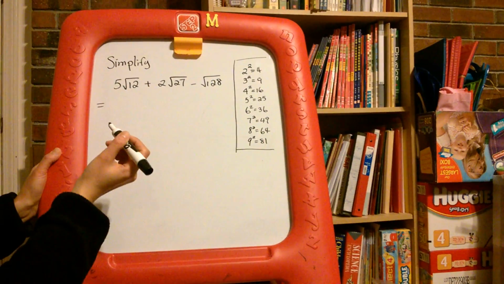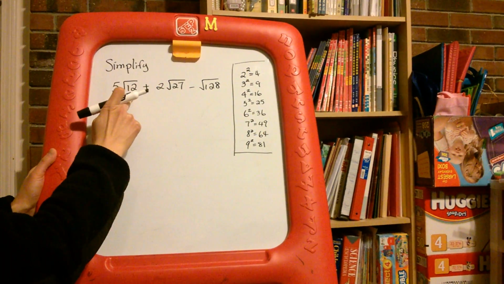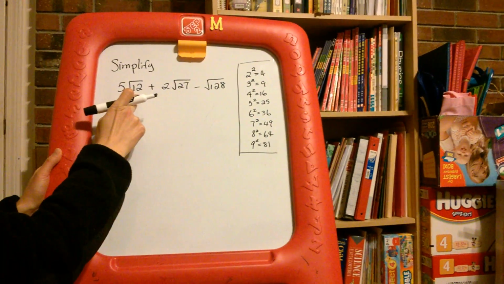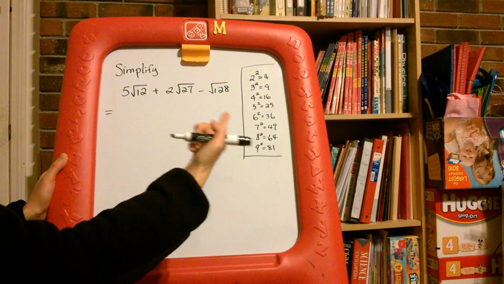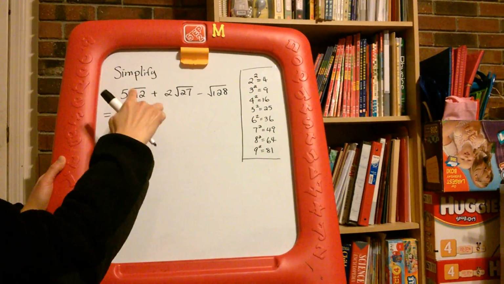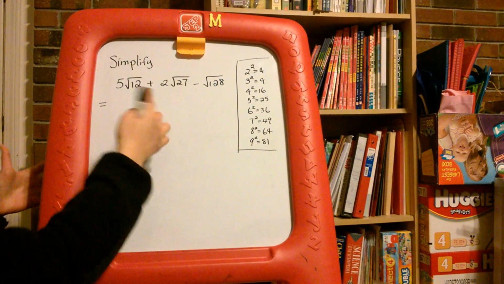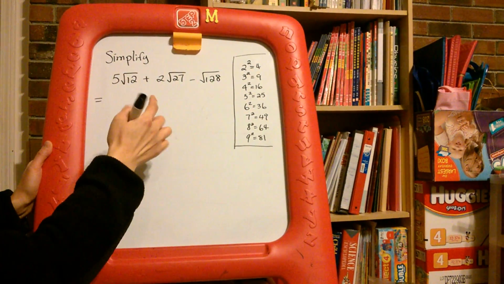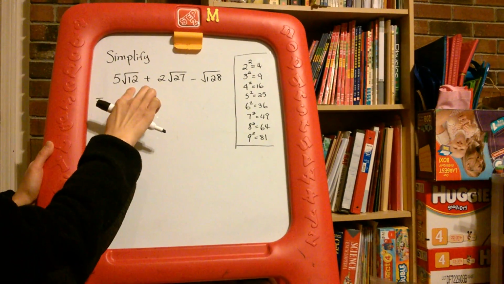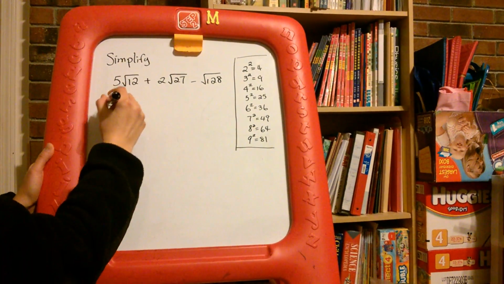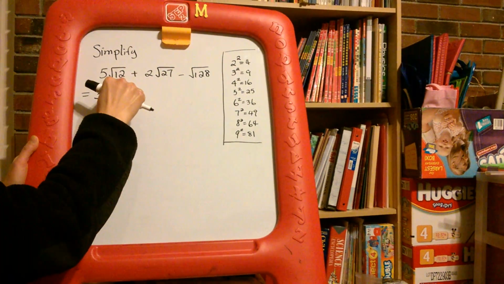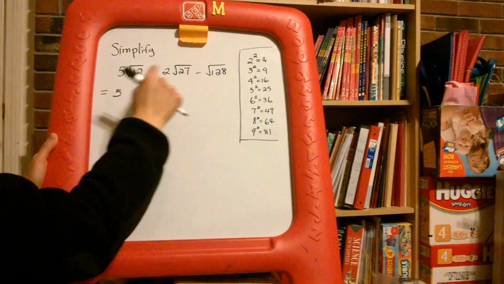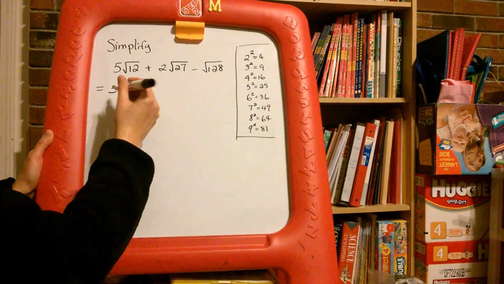First, you have to look at each number inside the radical and try to see what perfect square number you can factor this number into. So for example, 12, the greatest perfect square number you can use to go into 12 is going to be a 4.